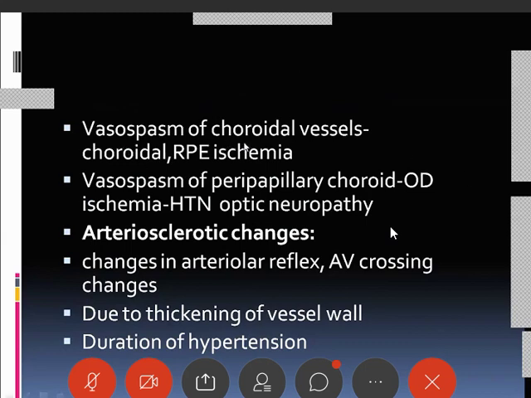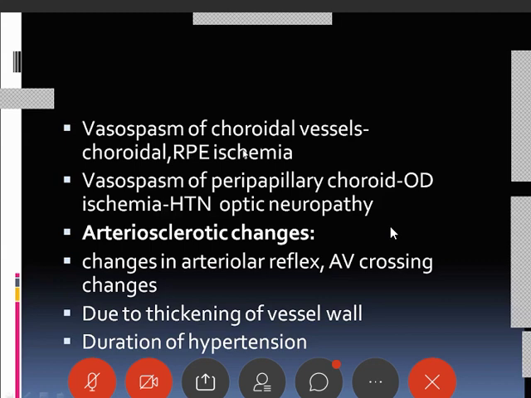It's not only the retina which is affected, even the choroid is also affected in hypertension. Because the choroid is present adjacent to the retina, the choroidal changes can be seen in the fundus.